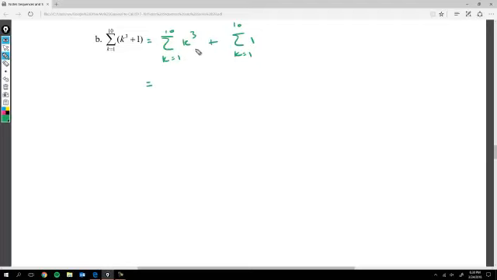In this case, I have a cubic, so I can use my formula. So my formula for a cubic is n times n plus 1 over 2 squared. Okay, that's what I'm going to use. And in this case, n is 10. 10 is the number where I'm ending. It's the end of my index. So for a cubic, I'm going to take 10 times 10 plus 1 divided by 2 squared.